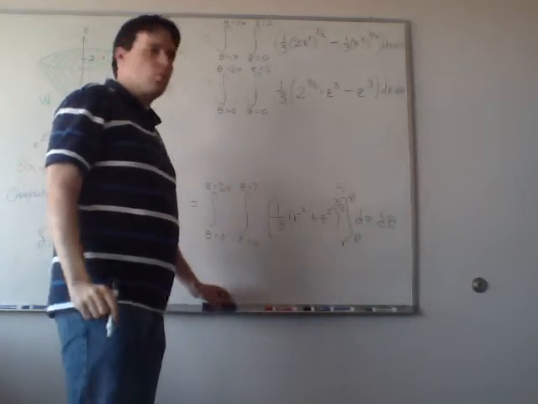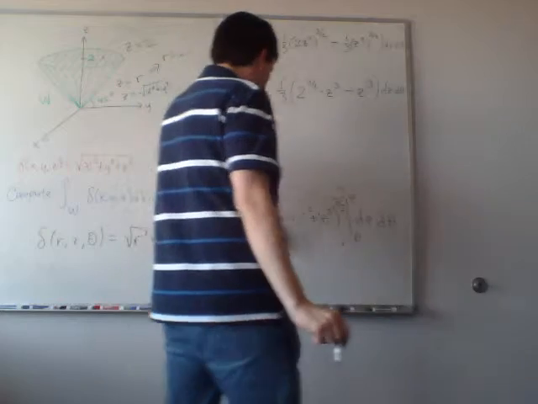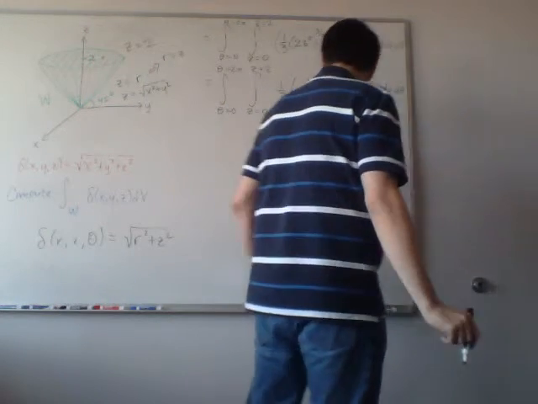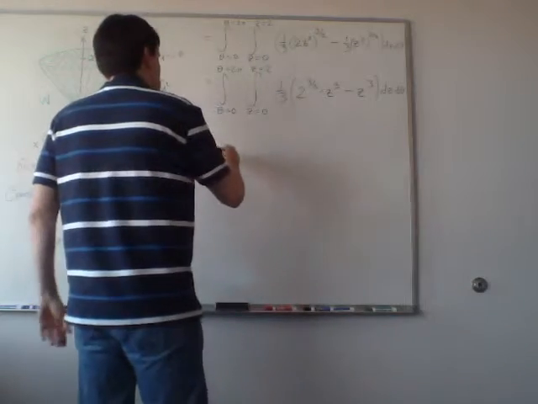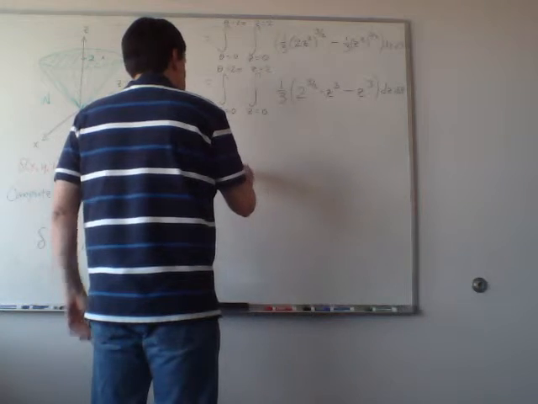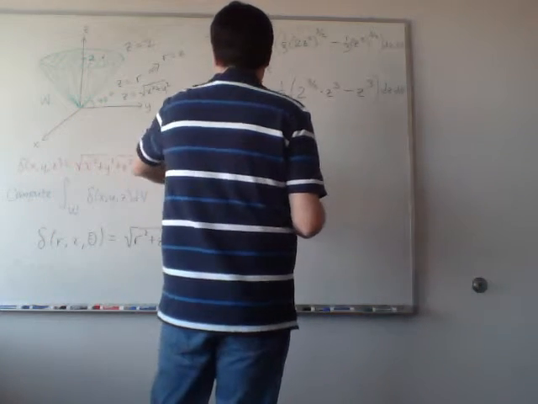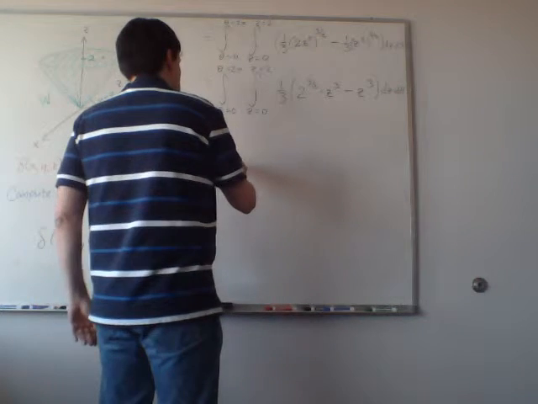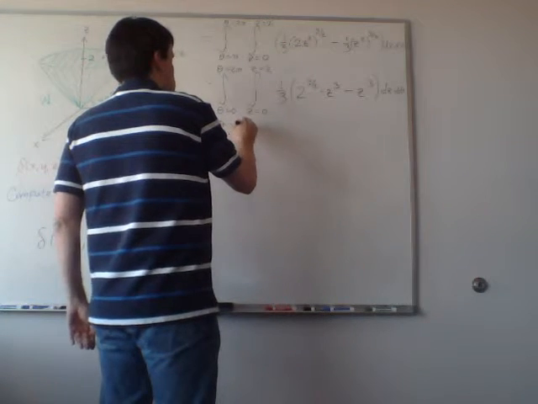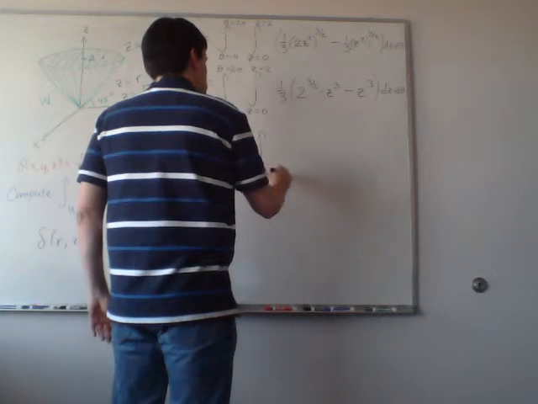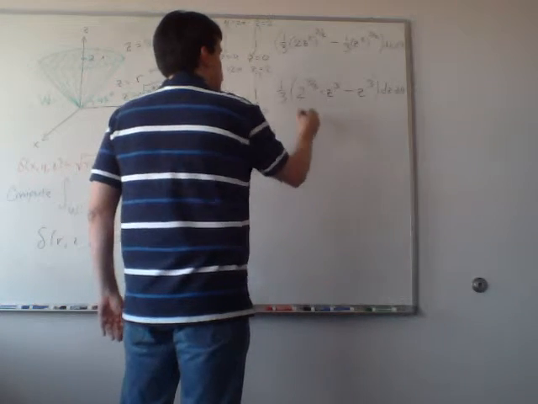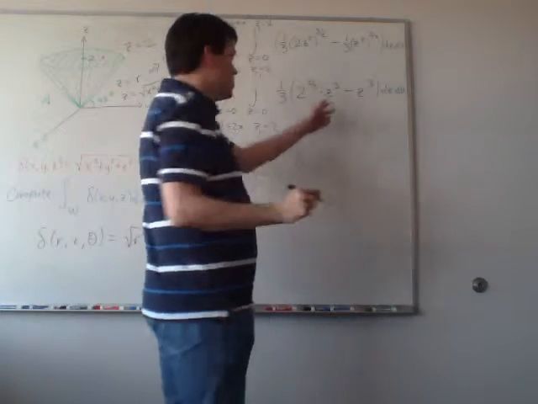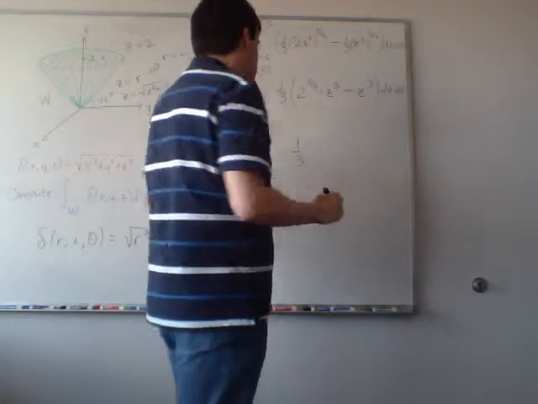And in fact, with a little bit more work, I can get this down to something even simpler. As a matter of fact, no, let's go ahead and wait. Let's go ahead and do this first. Z equals 0 to z equals 2. And I've got 1/3. And then factoring out the z cubed, I actually get this funny constant term here.